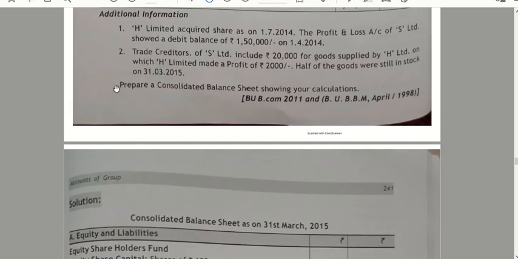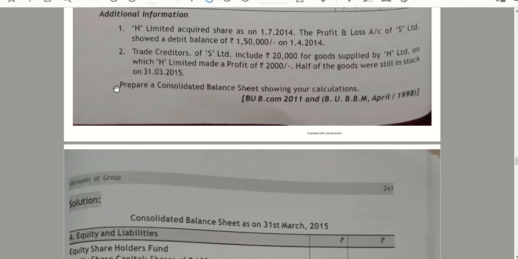So additional information: H Limited acquired shares as on 1/7/2014. The profit and loss account of S Limited showed a debit balance of 1,50,000 on 1/4/2014. Trade creditors of S Limited include 20,000 for goods supplied by H Limited, on which H Limited made a profit of rupees 2,000.